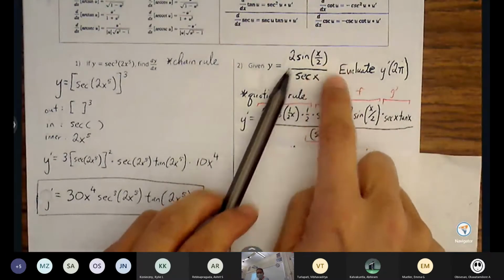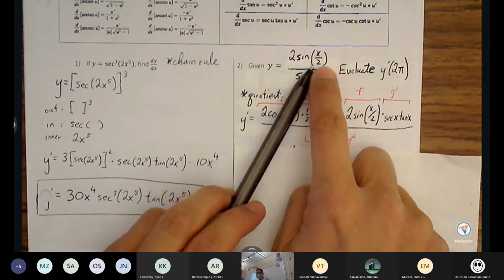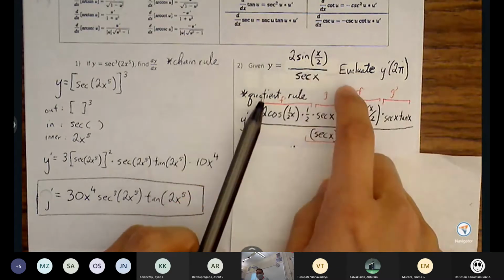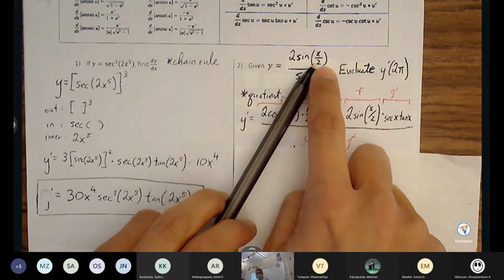Okay, so we can think of the sine of x over 2 as sine of 1/2 x, if it makes it easier to think about what's happening here.